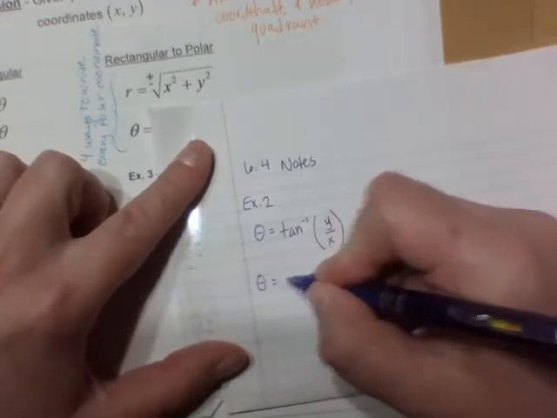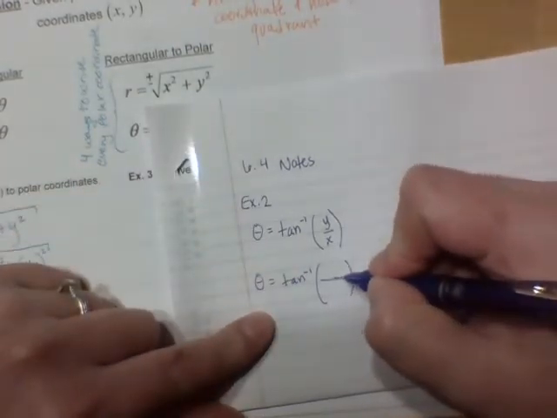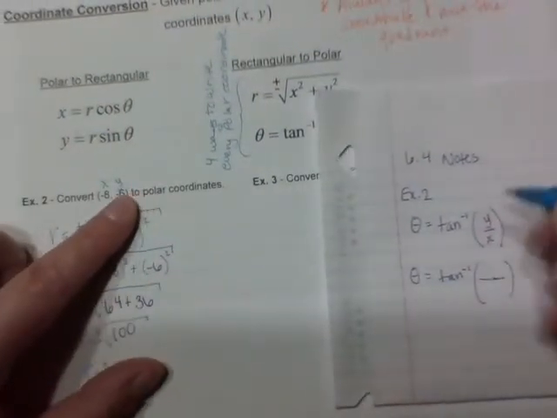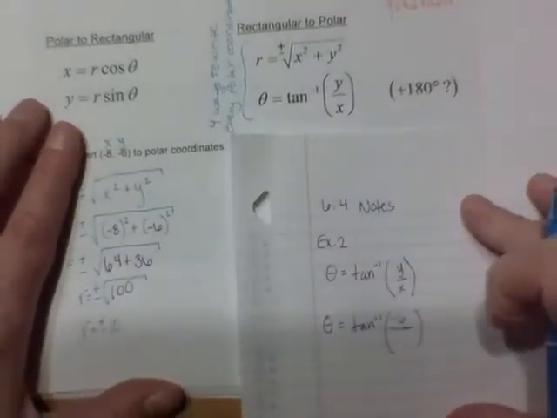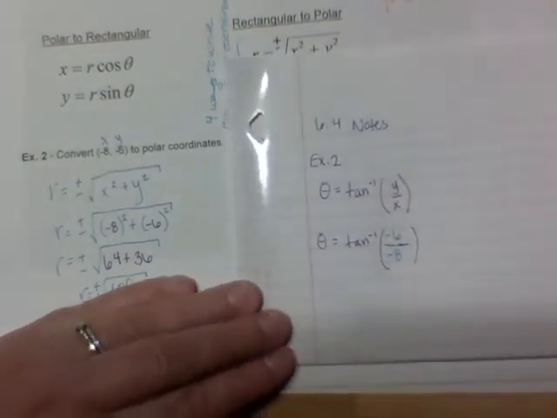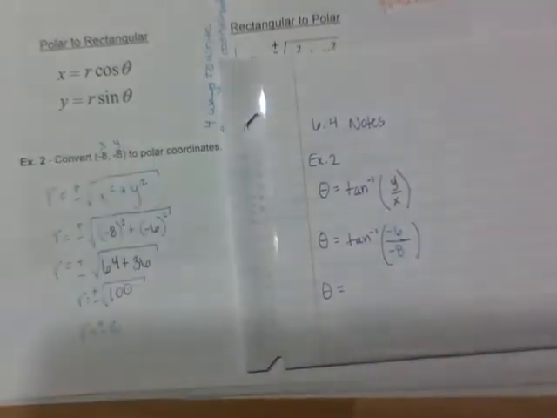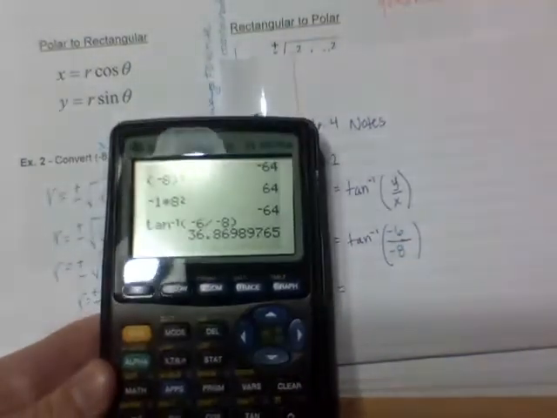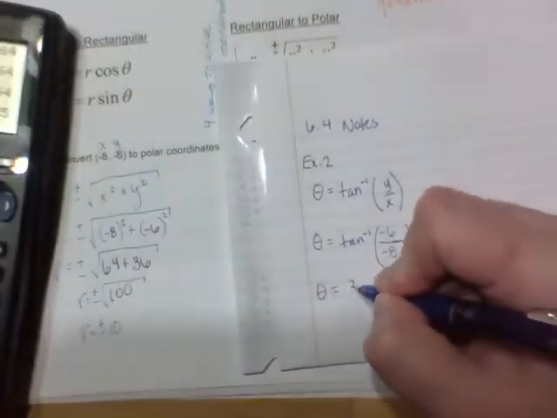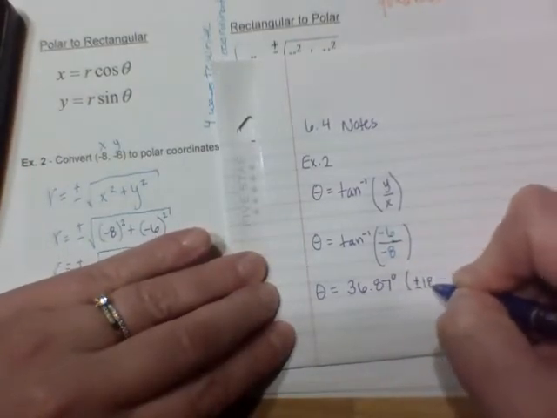And so that means that we're going to do the tangent inverse of our y value, which is actually -6, and our x value, which is -8. And when you do the tangent inverse of that, you're going to get a theta of tangent inverse. Don't forget to be in degree mode. You're going to get 36.87. And remember that you could add or subtract 180 to that.